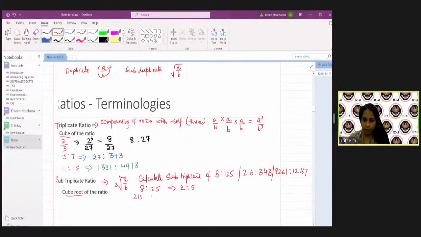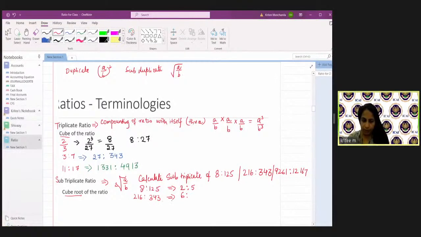Subtriplicate for 216 is to 343. So cube root of 216, or what number will be multiplied 3 times so that we get 216, is 6. 6 sixes are 36, 6 thirty-sixes are 216.